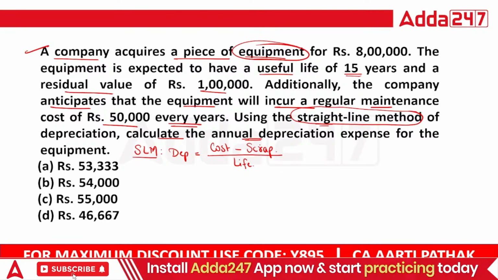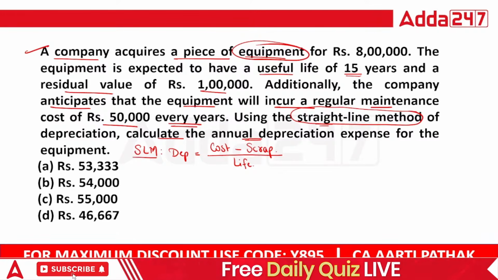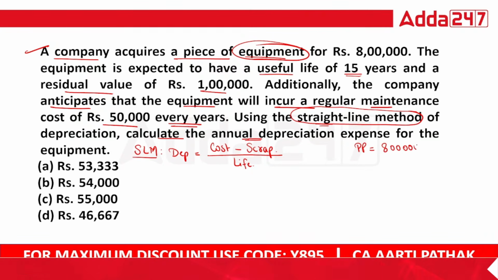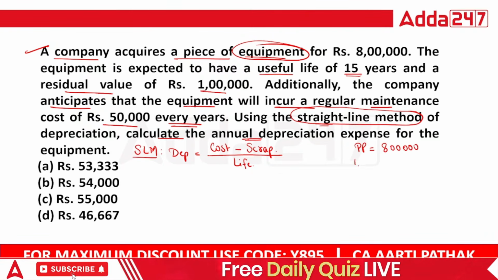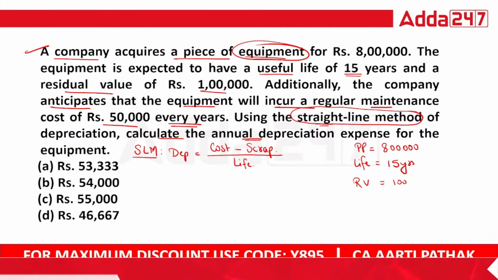Okay, so here cost is already given, that is 8 lakhs. So company acquired, so this is your purchase price 8 lakhs. Then you have life 15 years. Then scrap value, that is equal to 1 lakh.